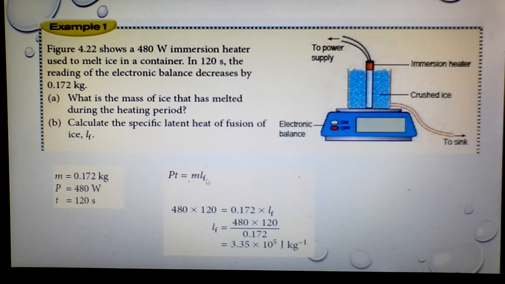So Pt is equivalent to mLf. Actually, it's Q equals mL. The heat supplied is Pt. So from here, we want to calculate Lf. So Lf equals 480 times 120 divided by 0.172. So we get 3.35 times 10 to the power 5 joule per kg, J kg^-1.